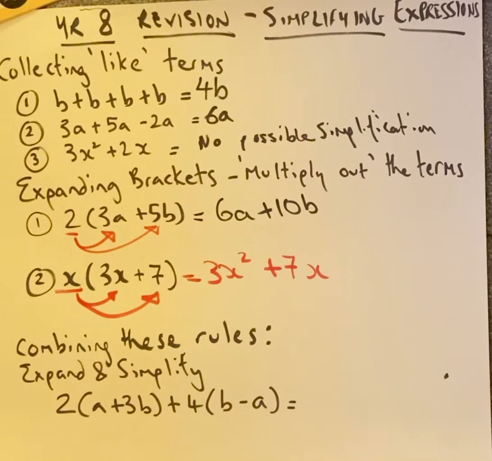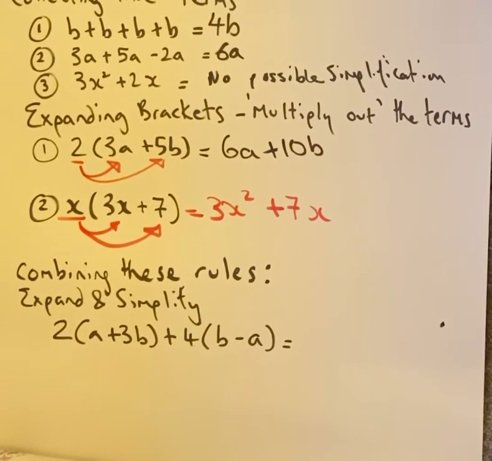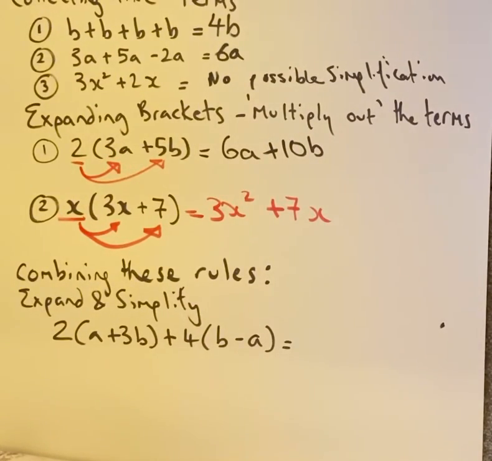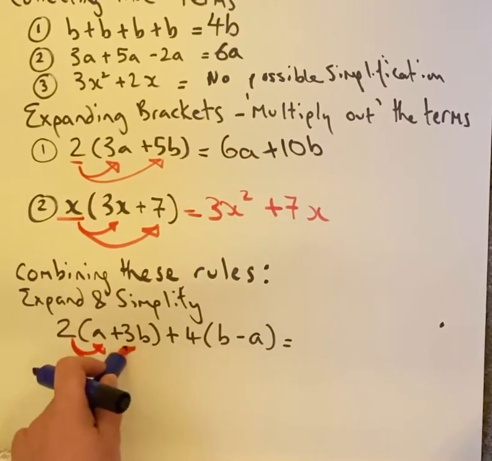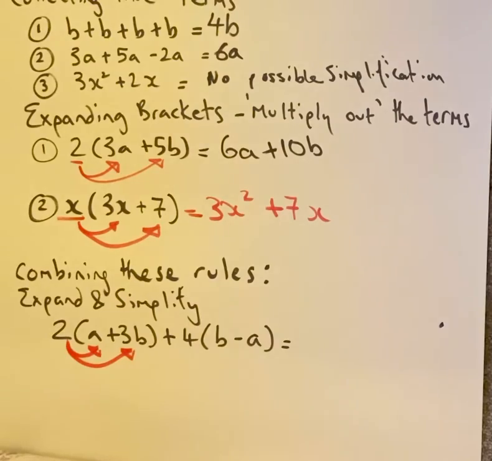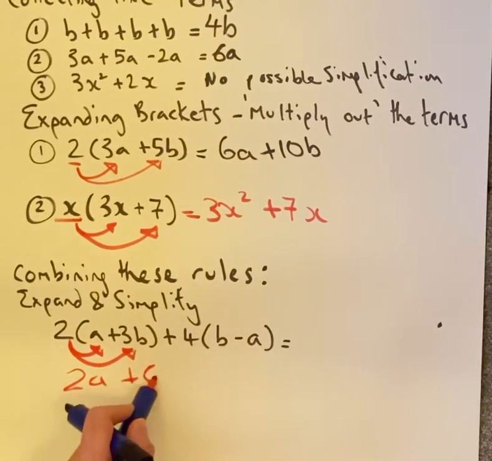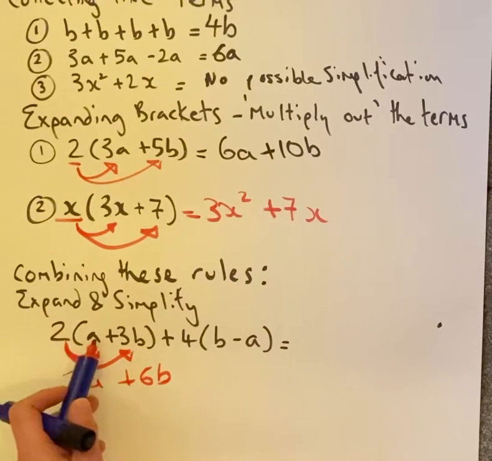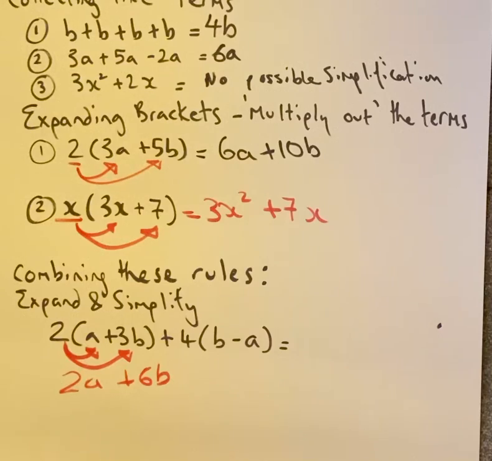For this final example, I'm going to look at what we can do when we expand and we simplify. So we're going to expand the brackets first of all, which means in the first bracket, I'm going to multiply each term by 2, which gives me 2a plus 6b, because 2 lots of a gives me 2a and 2 lots of 3b gives me 6b.